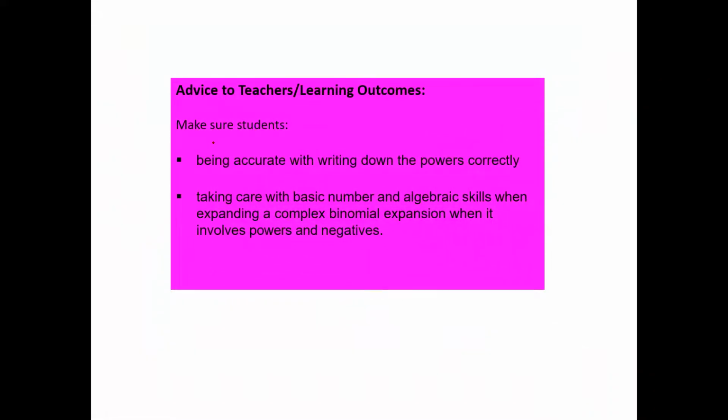Advice to teachers: make sure students are accurate in writing down the powers correctly. Take care with basic numbers and algebraic skills when expanding a complex binomial expansion involving powers and negatives.